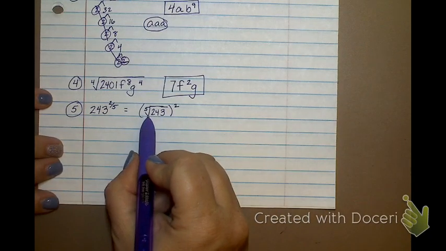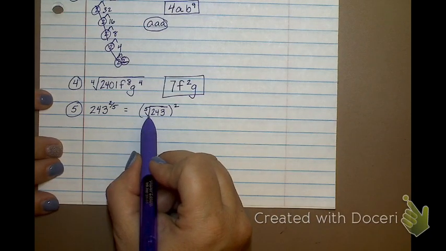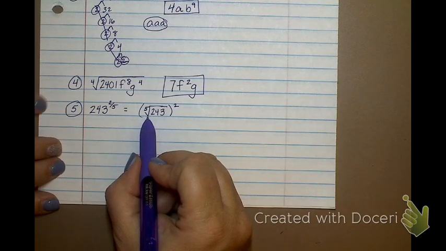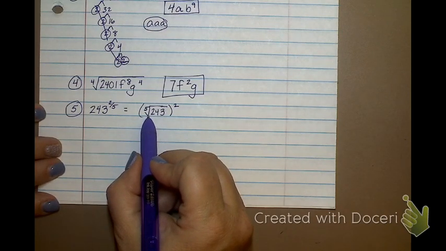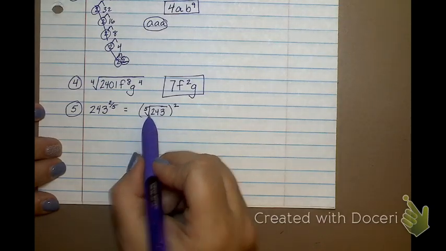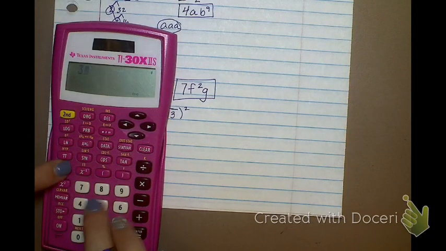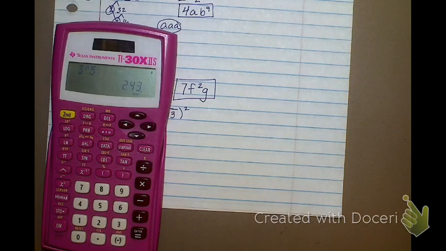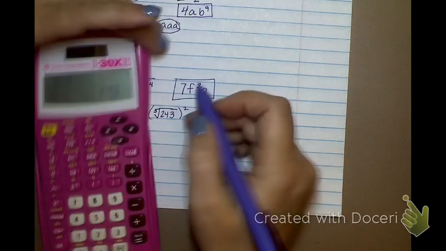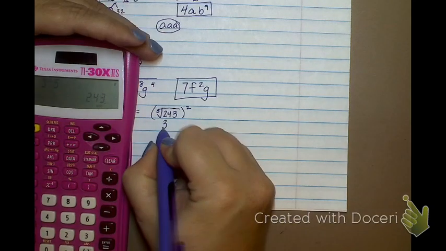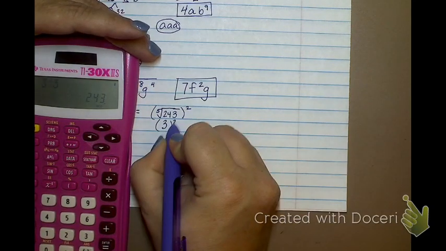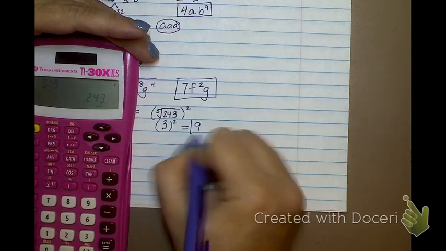Does anyone know what the 5th root of 243 is? Not a good number. Probably not off the top of your head. In other words, I'm trying to think what to the 5th power equals 243. Do you have any guesses? 3. Let's check it. Yep. Okay, you can use a reasonable guess there. So the 5th root of 243 is just 3. Then when you square it, the answer to that problem is 9.